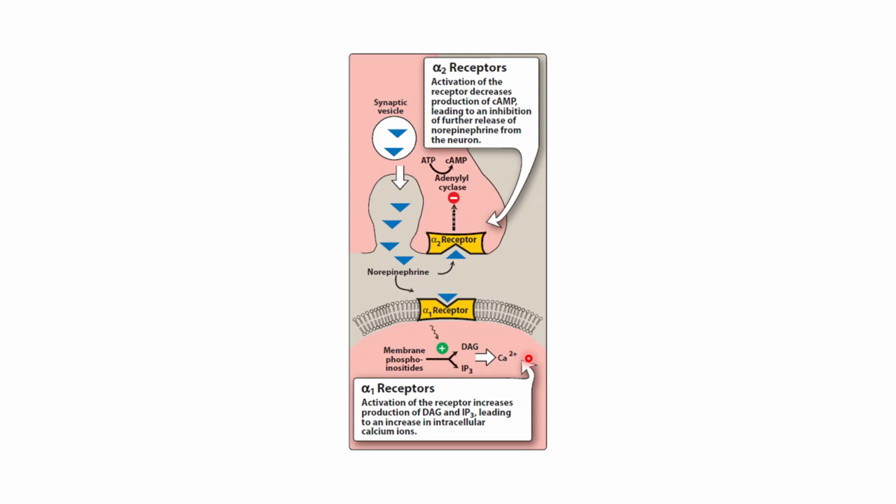There are further subdivisions of receptors, like alpha 1 is further subdivided into alpha 1A, alpha 1B, and alpha 1C, as well as D, and the same is for alpha 2. Sometimes it's necessary to understand the selectivity of some drugs.